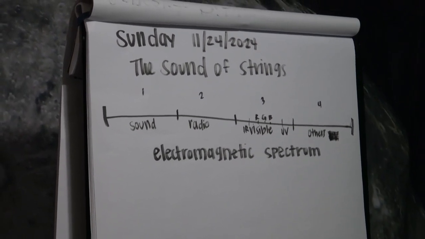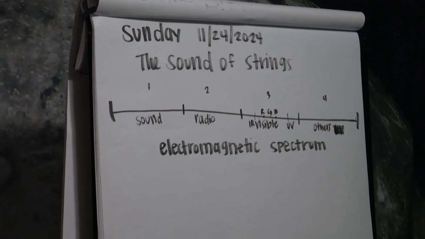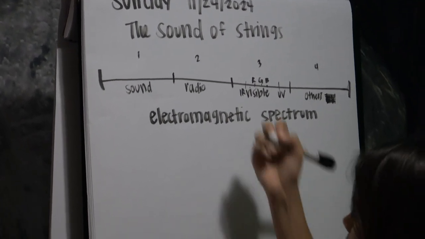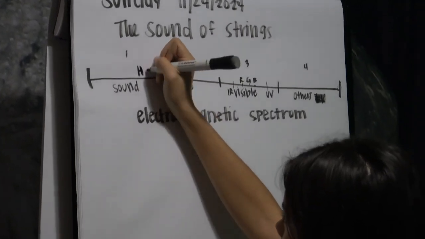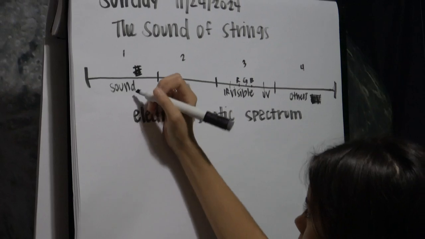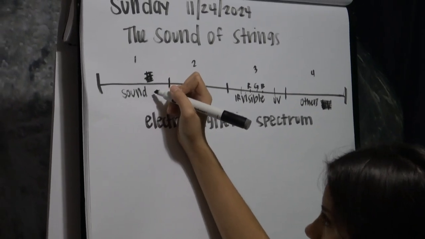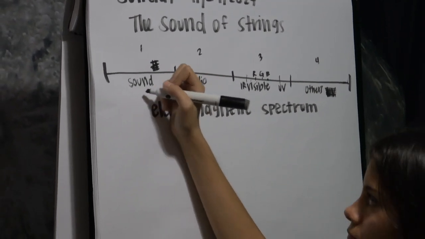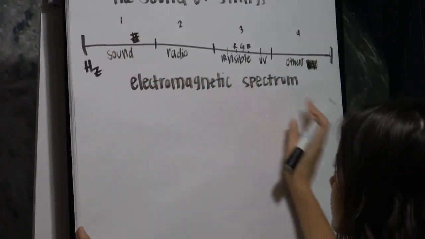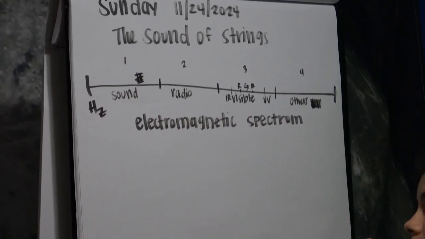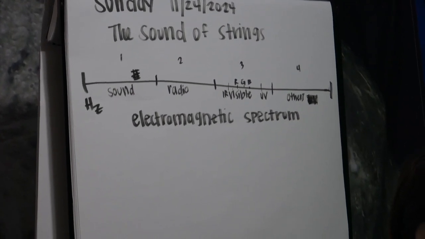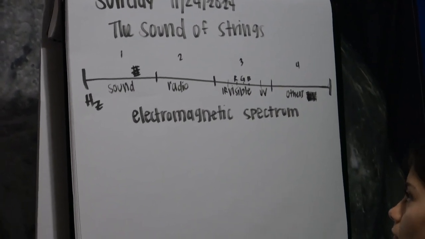So sound would go down to hertz, capital H, little z. Down at the start there, hertz. Now, I'm trying to think how to transition this over to music.